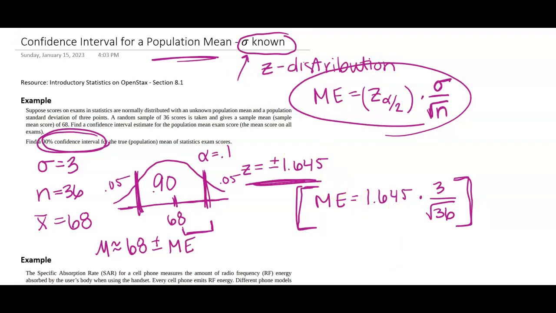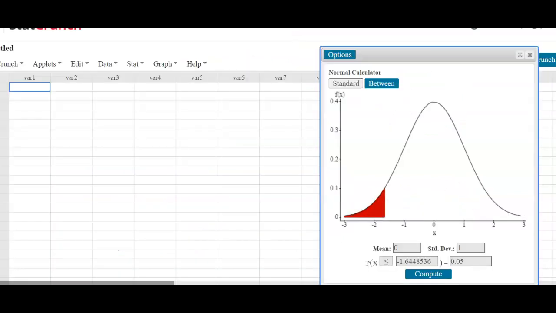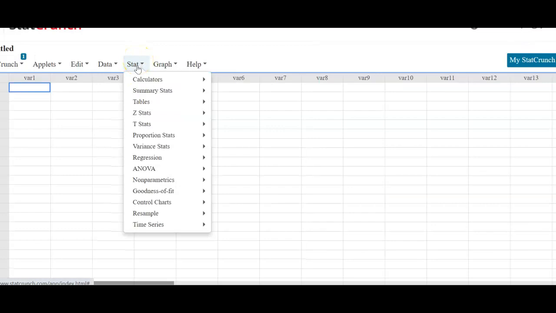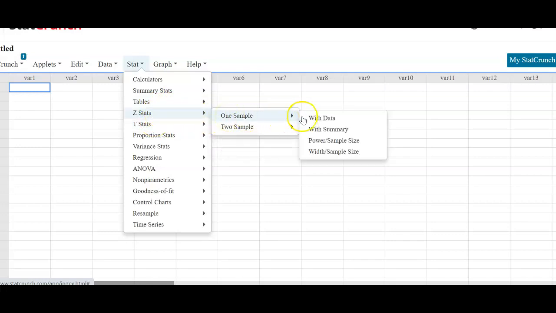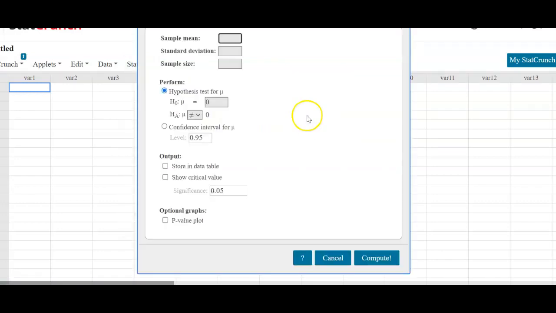All right, so in StatCrunch, under Stat and then Z Stats, it's really important that you know whether you're using a z distribution or, as we'll do in another video, the t distribution. But for the z distribution, we just have that one sample, and I have it with the summary statistics.